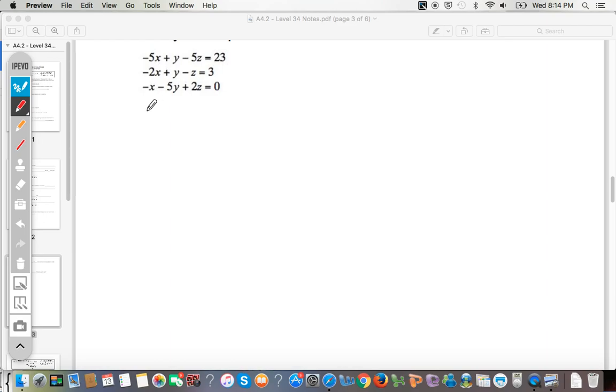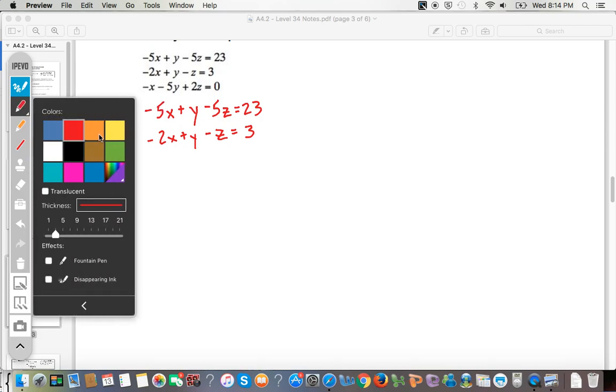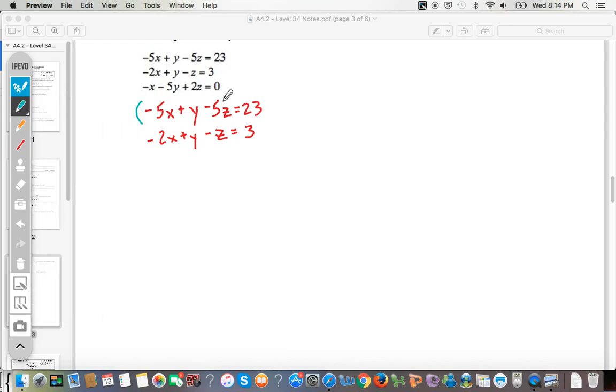Great, so let me rewrite the top two equations. In my second one, I have negative 2x plus y minus z equals 3. So, what I'm going to do is multiply this top equation by negative 1 to change the sign of that y right there.